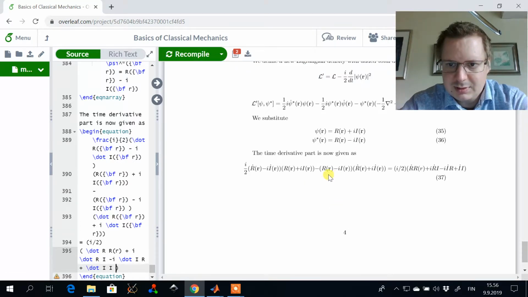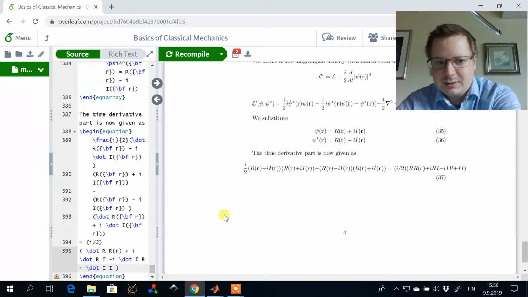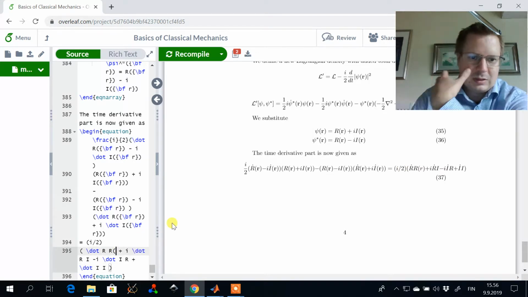So this one, then minus r dot. Well, the minus r dot just cancels this one, like so.